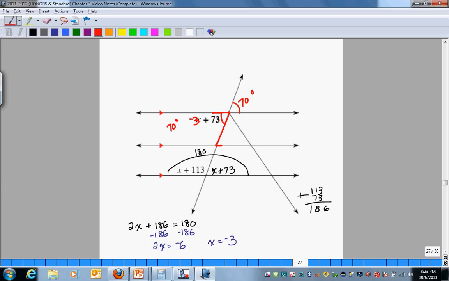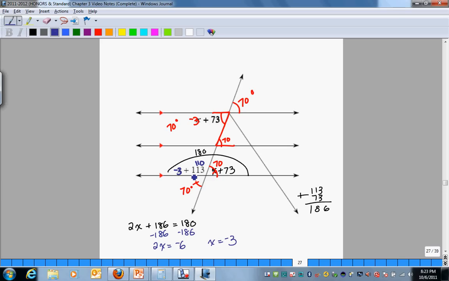Armpits of the Z, this is 70 degrees, corresponding 70 degrees, vertical angles, also called bow tie angles, 70 degrees. If we do negative 3 right here, and 113, of course that gives you 110.